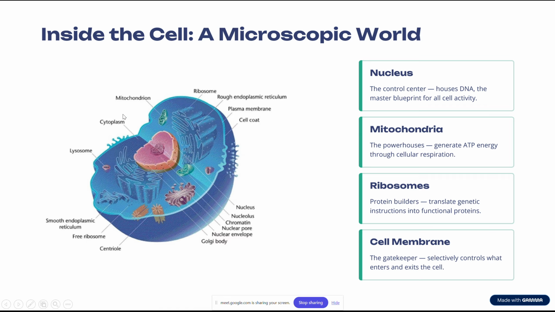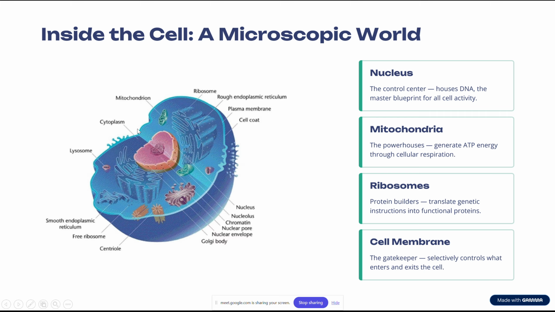Mitochondrion is the powerhouse of the cell, basically helping in producing energy, and the energy produced is in the form of ATP, adenosine triphosphate, through a series of processes, importantly oxidative phosphorylation and the electron transport chain.